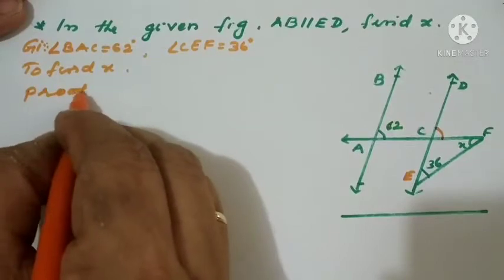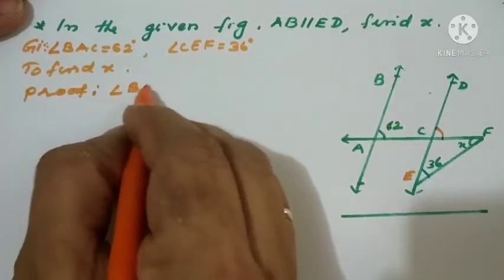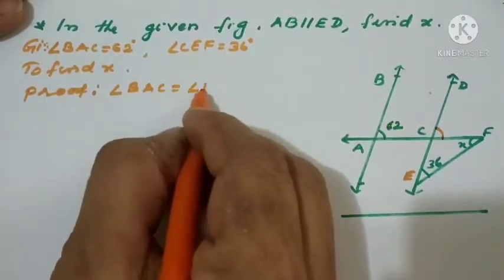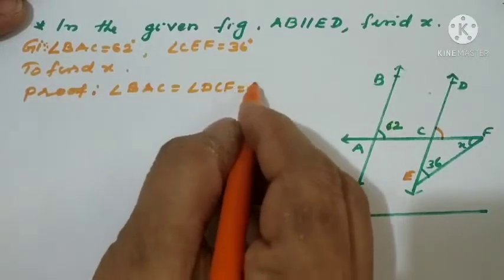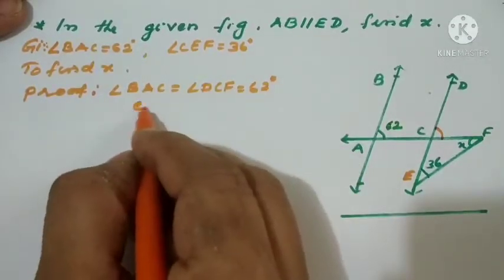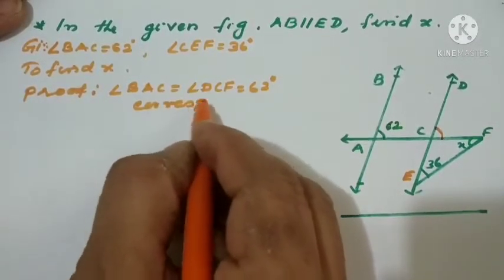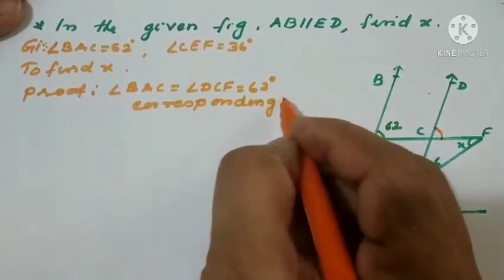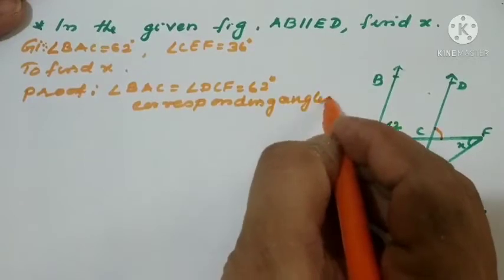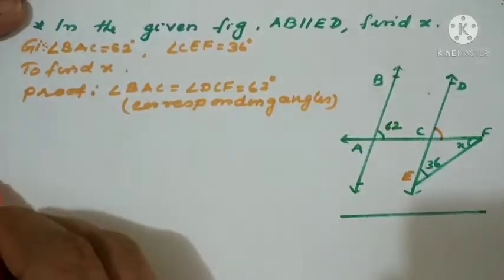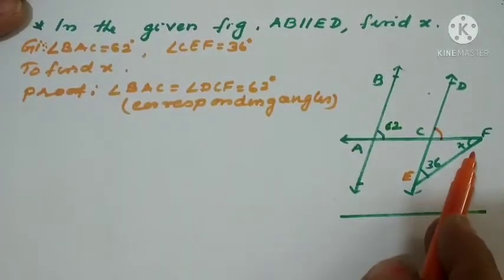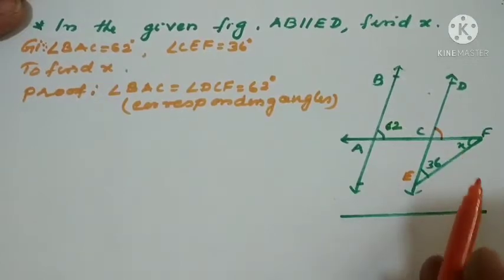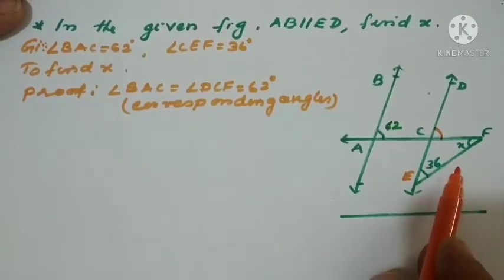So proof I'll write: angle BAC equal to angle DCF equal to 62 degrees, corresponding angles. What is the next part? When we have this 62, we know that it is an exterior angle, right?